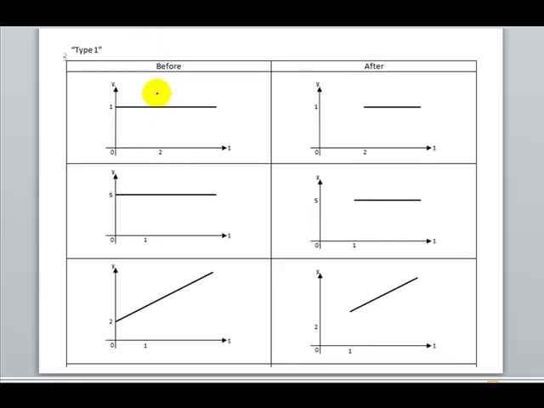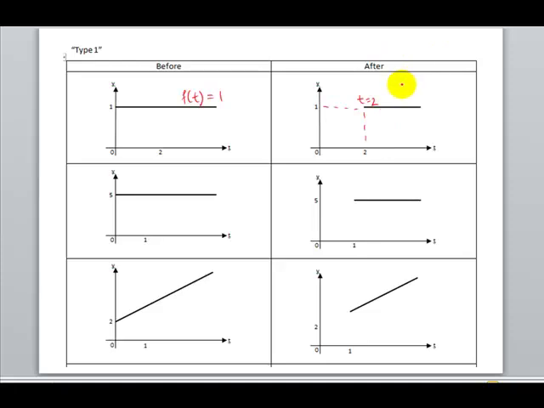This function is simply a horizontal line of 1. So this shows that the front part has been cut off and the signal only turns on from 2 o'clock, or time equals 2 onwards.